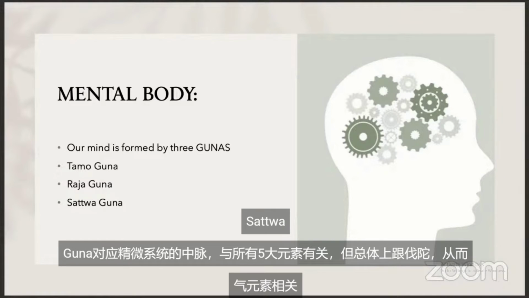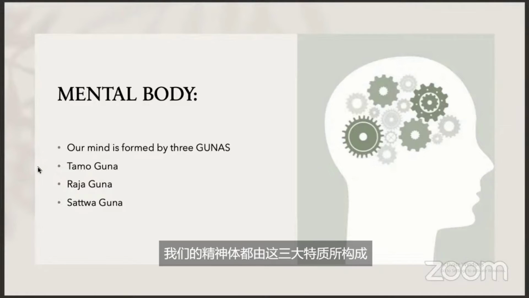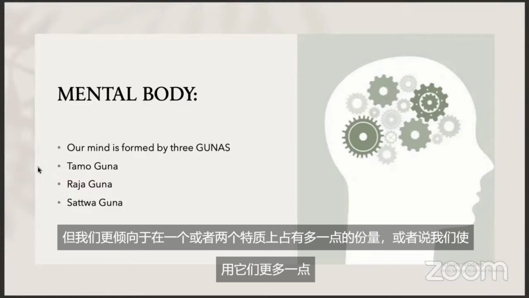Sattva guna is related with our central channel, and with all five elements, but basically vata, the air element. Of course, we all have all these three qualities of mind, but we have tendencies to have one or two in more quantity, or we use them more.